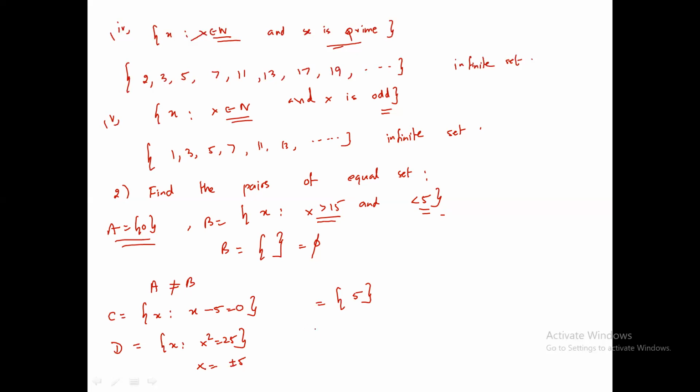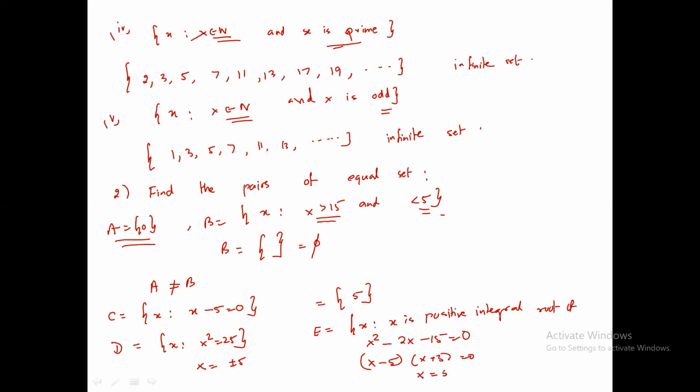Lastly, E. E is the set having x such that x is a positive integral root of x square minus 2x minus 15 equal to 0. I can factorize this: x minus 5 into x plus 3.